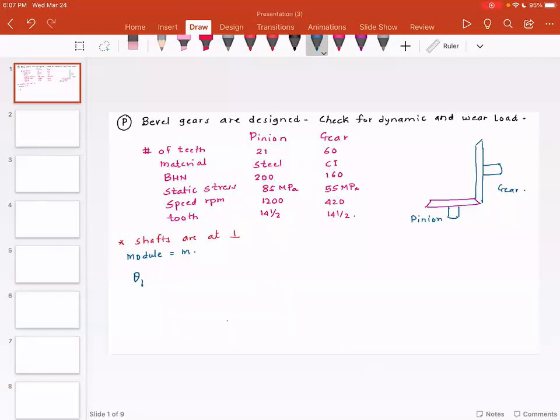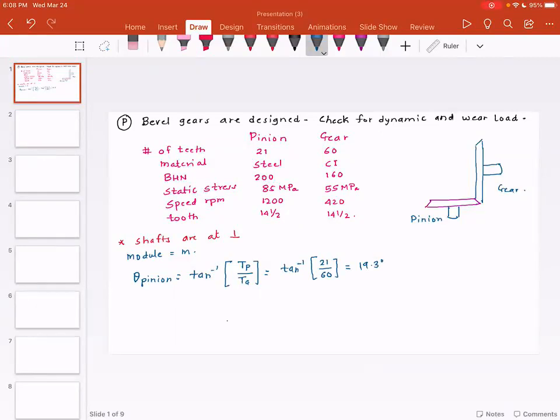So for pinion, theta is equal to tan inverse of number of teeth on pinion divided by number of teeth on gear. So tan inverse of 21 over 60 is equal to 19.3 degrees.